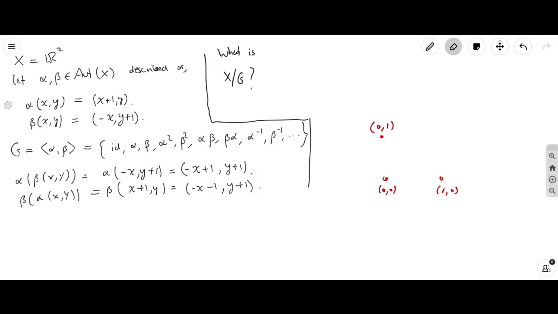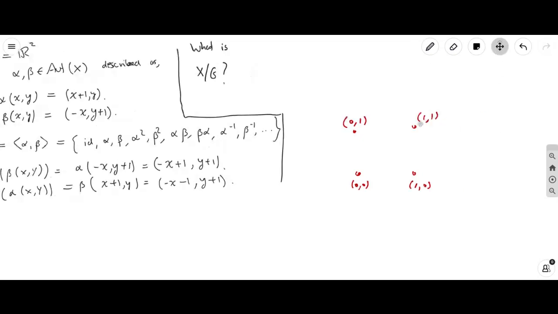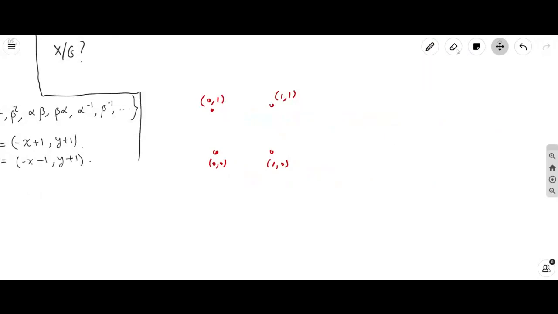And if you apply alpha to this one, you get 0 plus 1 comma 1. So you get this one. So 1 comma 1. So all four of these get identified together. So these 4 points are in the same equivalence class. And you can actually check that the other lattice points also get identified, just like the example with the torus, that all of these end up in the same equivalence class just like before.